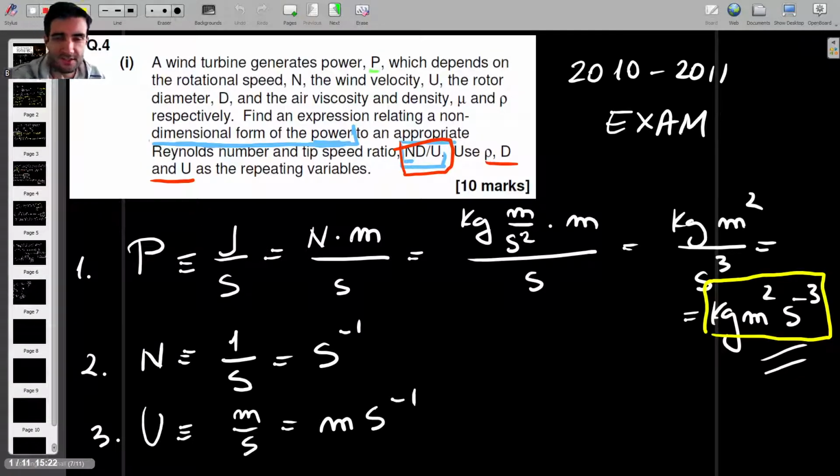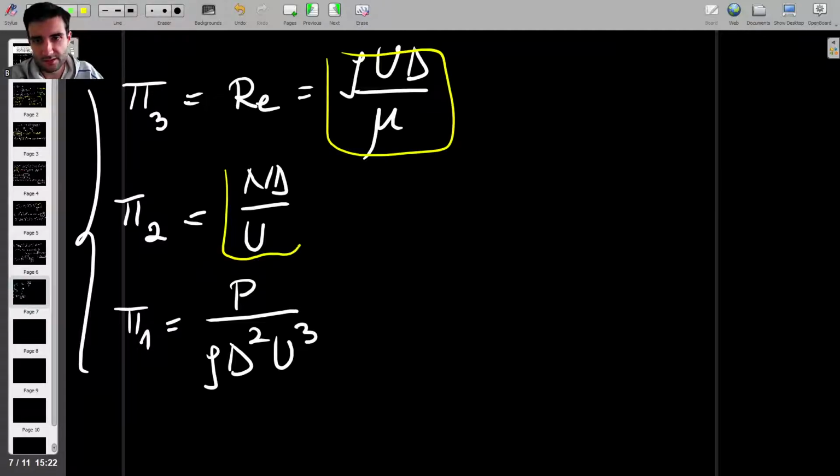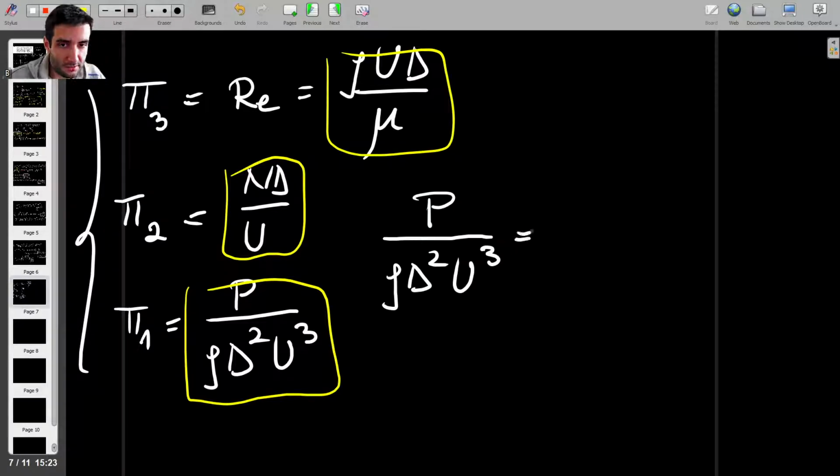So this tells us that there's a relationship between those three variables. Now, the Buckingham pi theorem doesn't actually tell you what the relationship is. It just tells you there is a relationship between this variable and this variable. So in this case, I'll write it like this: the non-dimensional power, which is this, is a function of the other two.